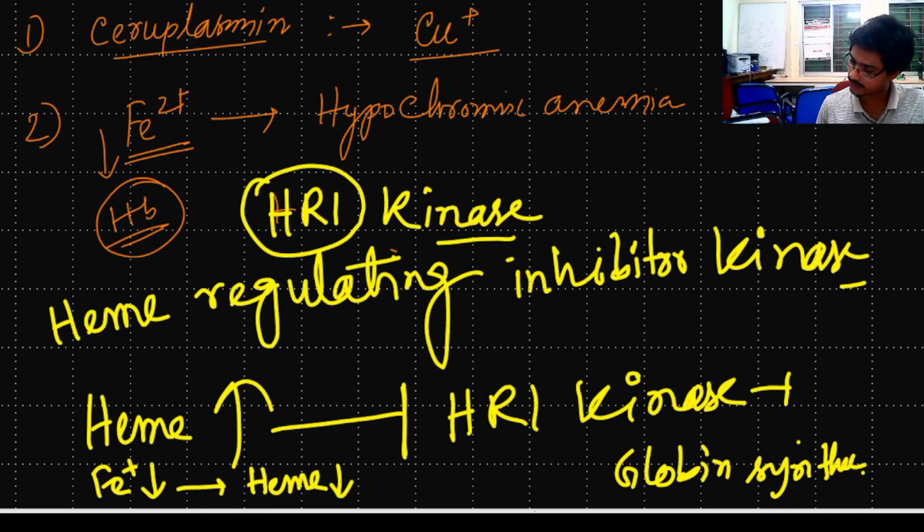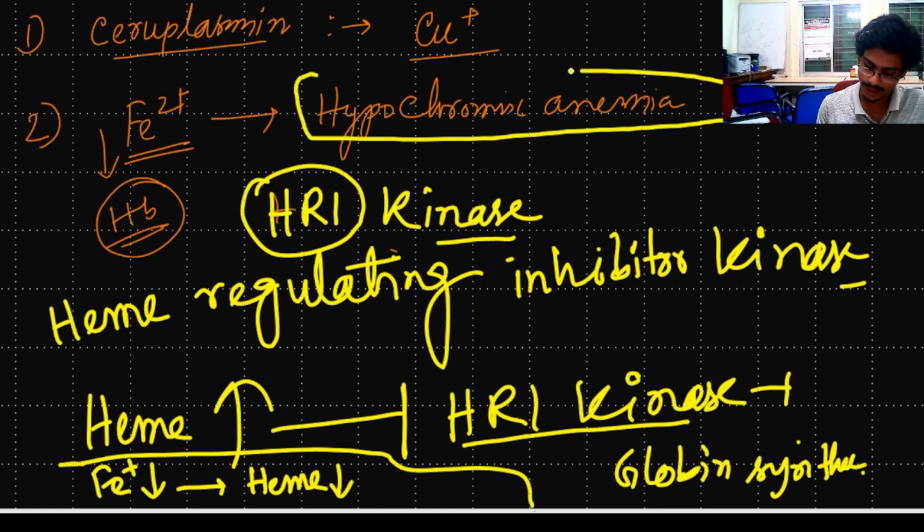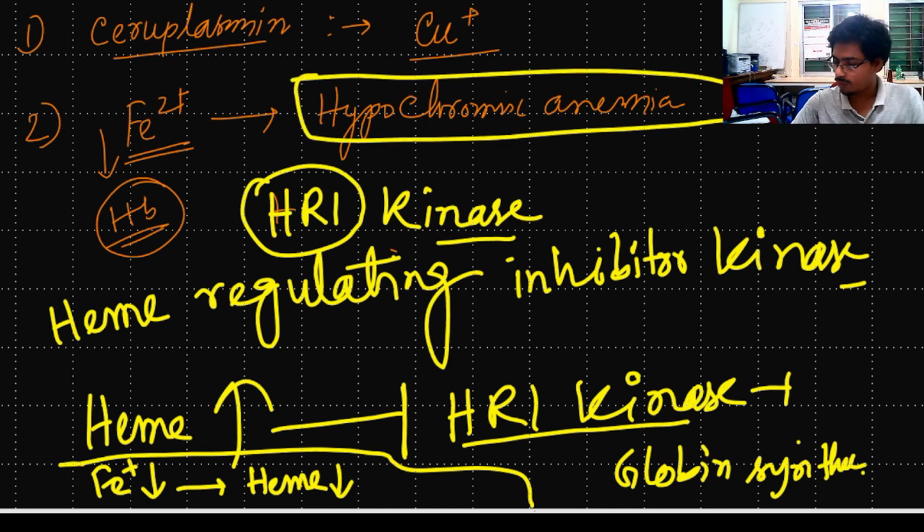If heme is decreasing, that means HRI kinase is increased, it is not inhibited, the reciprocal condition, and the globin will decrease. So that kind of regulatory mechanism is found in hypochromic anemia. Hope that everyone understands that specific topic.